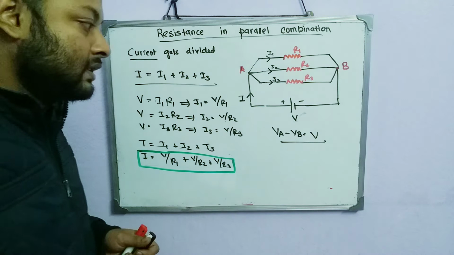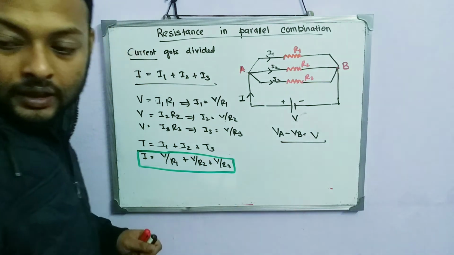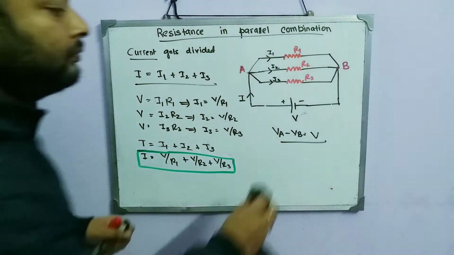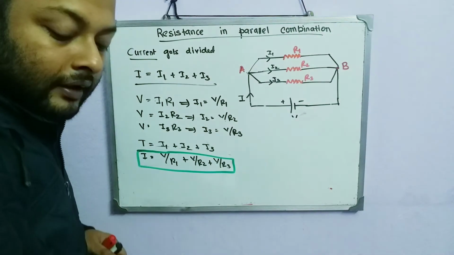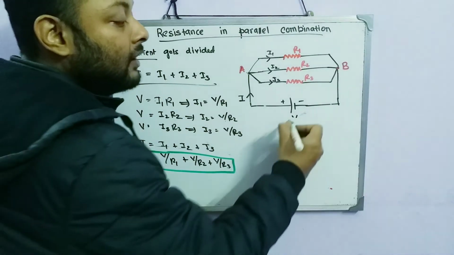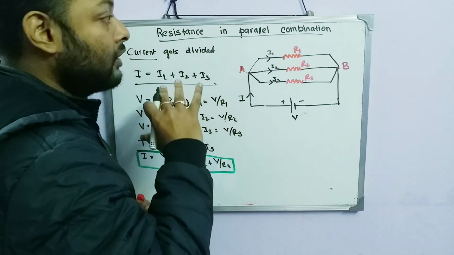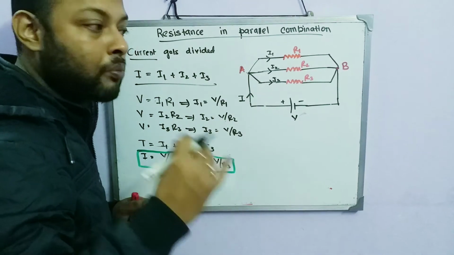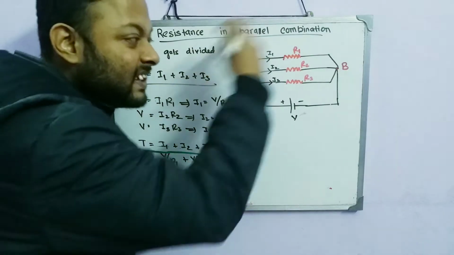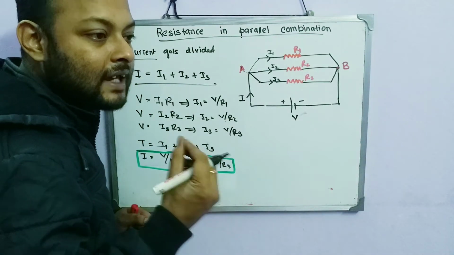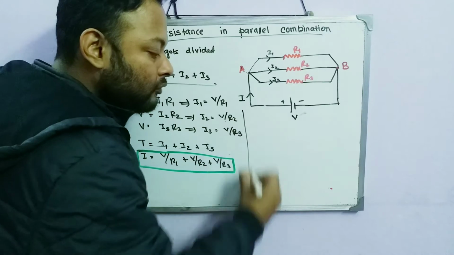Now after this, you have to consider the resultant resistance, or the equivalent resistance, of this entire circuit as Rp. This is what you have to assume.